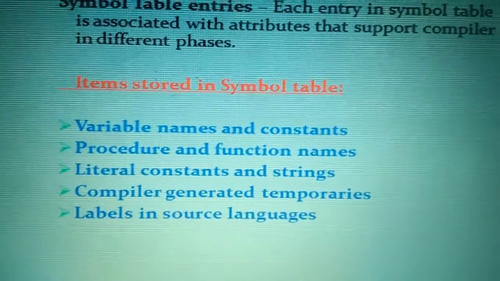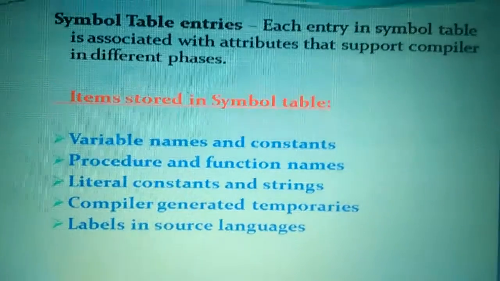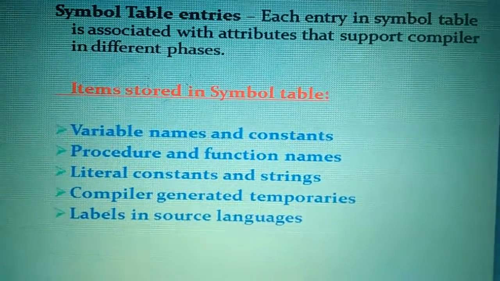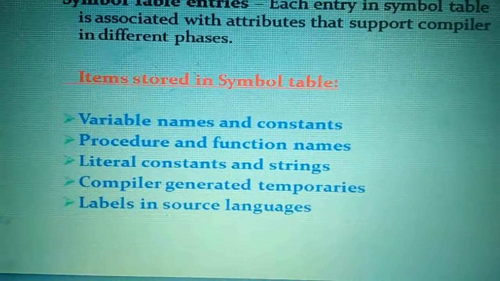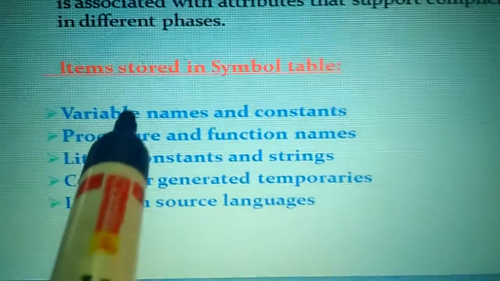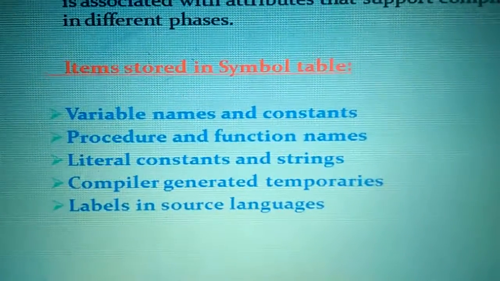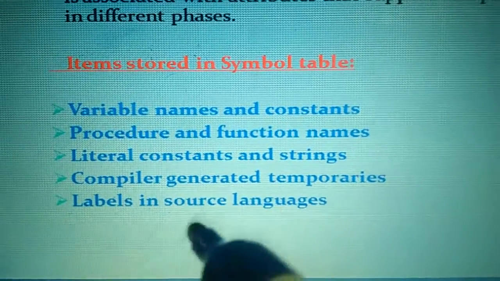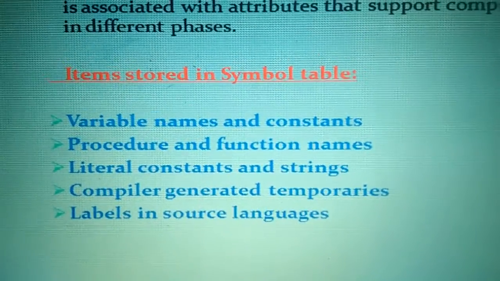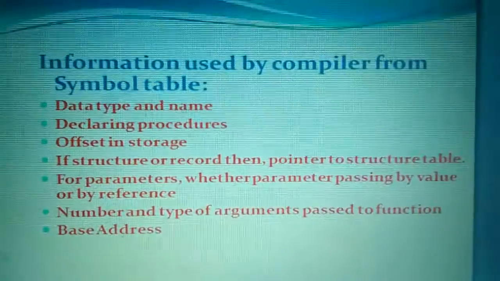These items are used to develop the logic of the program, and all of them are stored in the symbol table. Like variable names, constants, procedures, functions, literals, constants and strings, compiler generated temporary variables, and labels in the source languages.